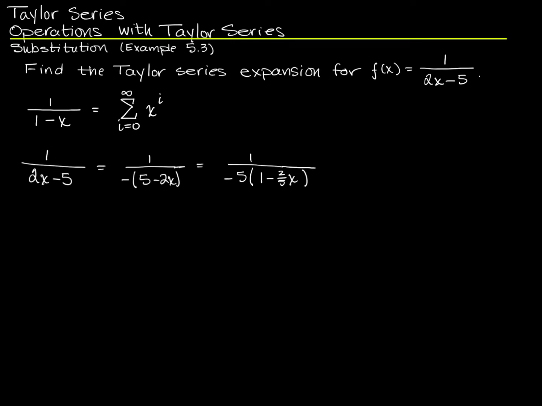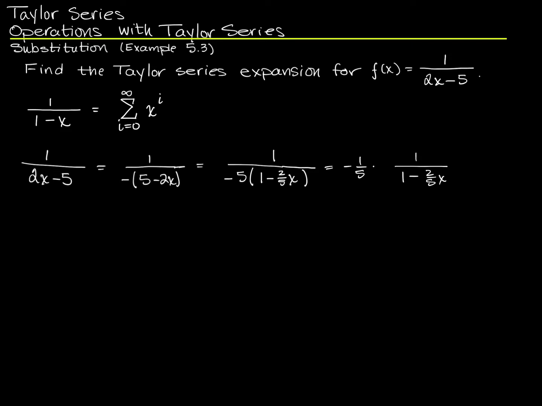Now, I can write this as negative 1/5 times 1 over 1 minus 2/5 x. And at least this part of it is starting to look a lot more like this right here. The only thing that's wrong with it is I have a multiplier, a constant, in front of my x.